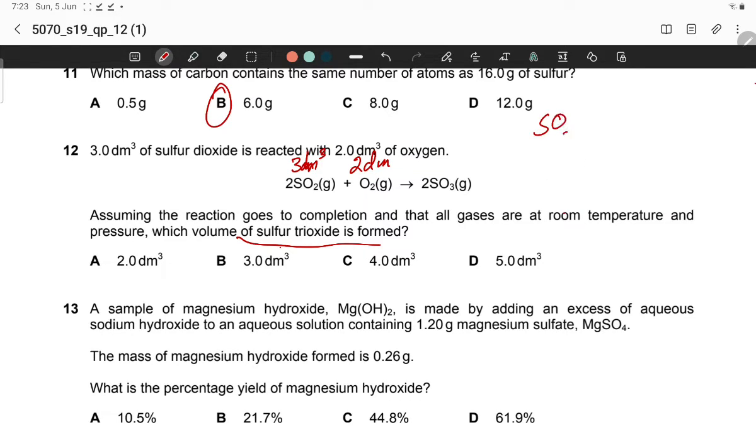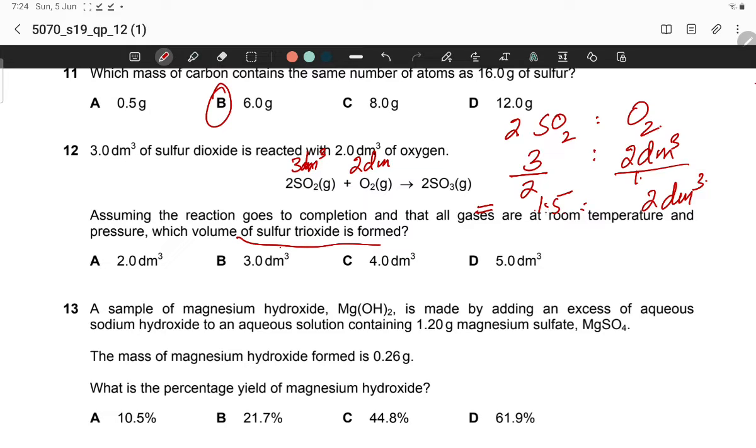Sulfur dioxide has 2 mole, so 3 divided by 2 is equal to 1.5 moles, and this is 2 dm cube divided by 1, that is 2 dm cube.